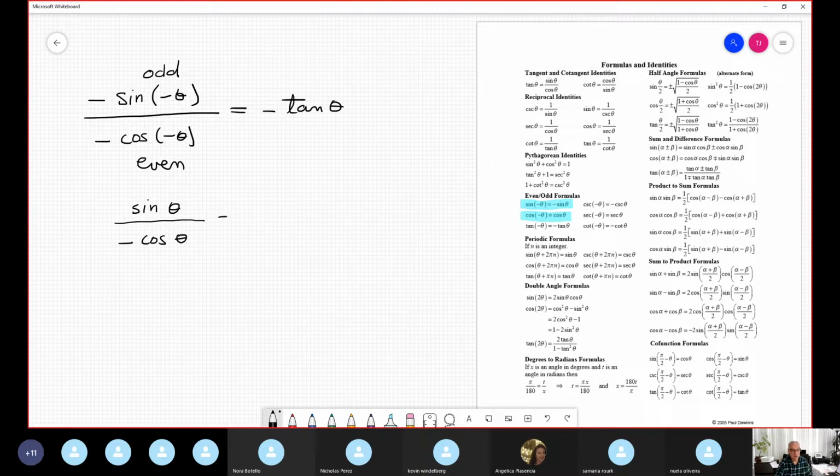And this negative, if you want, you put in the front. And sine theta divided by cosine theta is, look at that, tangent theta. So it's negative tangent, which is exactly the same as the expression we have in the original right-hand side. Easy.